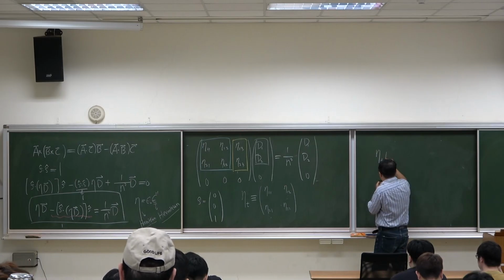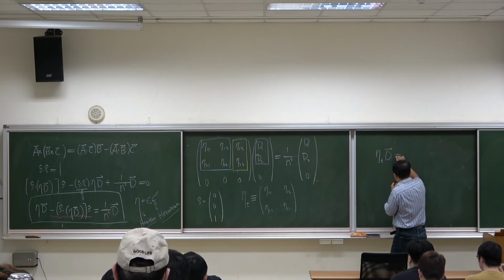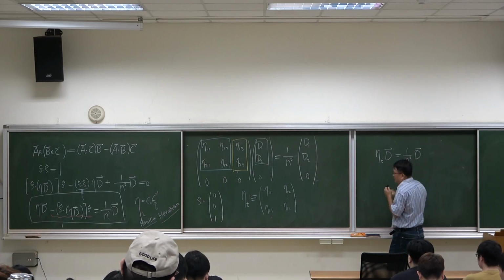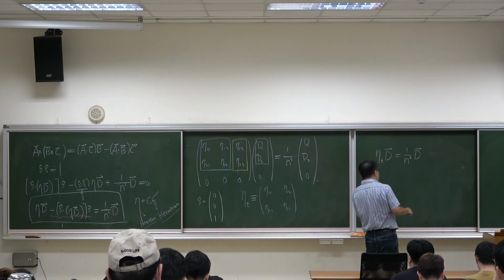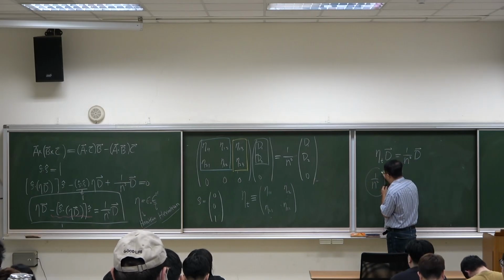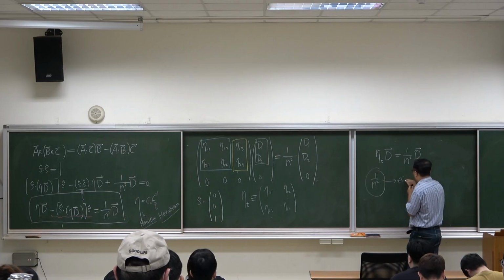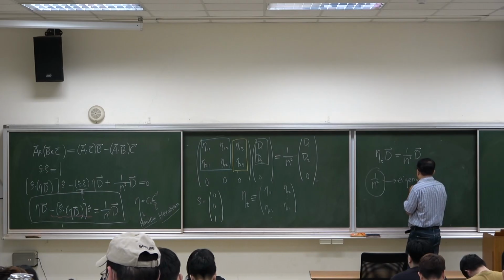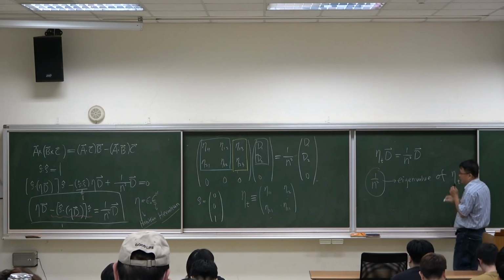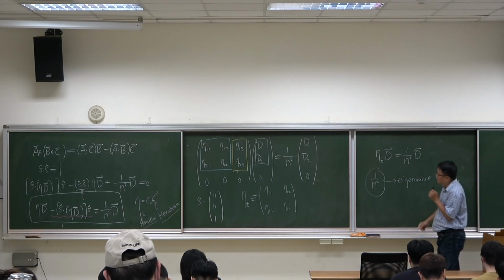eta t b equal to 1 over n squared times d. So you see that now 1 over n squared is the eigenvalue of this eta t matrix. Okay?